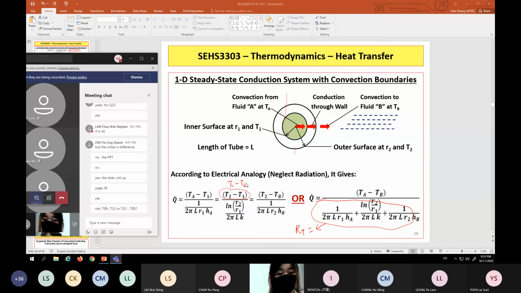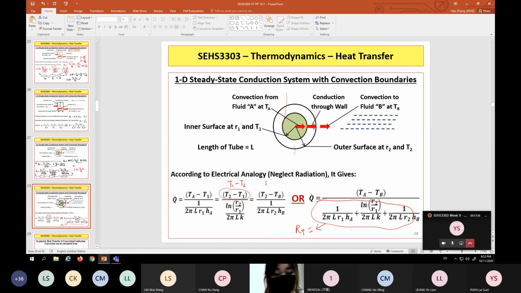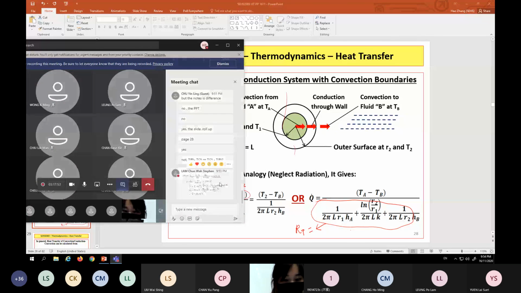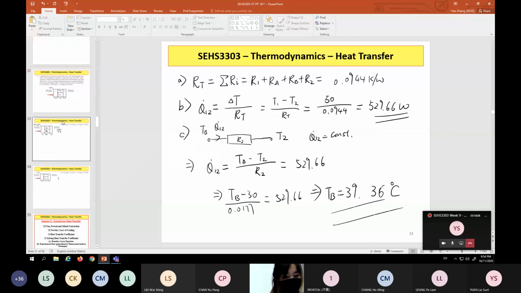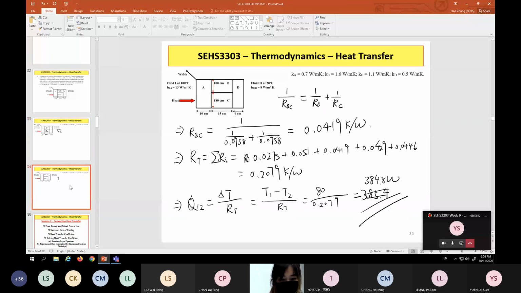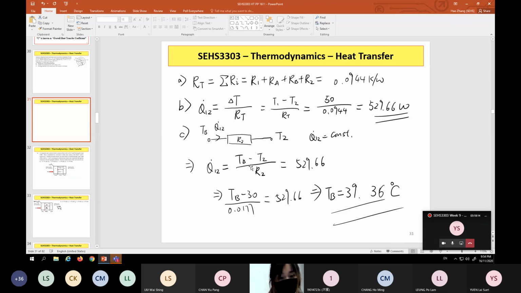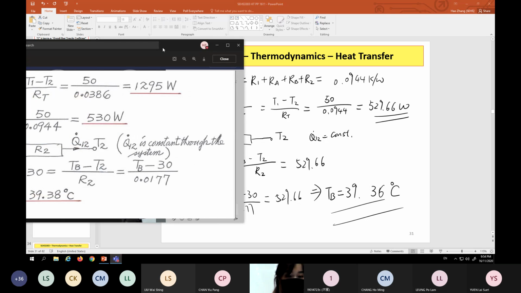It's true. T1 minus T2. Okay. High temperature to low temperature. Wait, which one is B? TB is smaller, TB is less than T2, so it is high temperature minus low temperature, so it is T2 minus TB, no problem here. Is there a problem with Professor Liang's? Let me look. It seems Professor Liang's has a problem, did he write it wrong? Here it should be TB minus T2. You always use a higher value, higher temperature minus the lower temperature, okay? If not, that's wrong, okay?